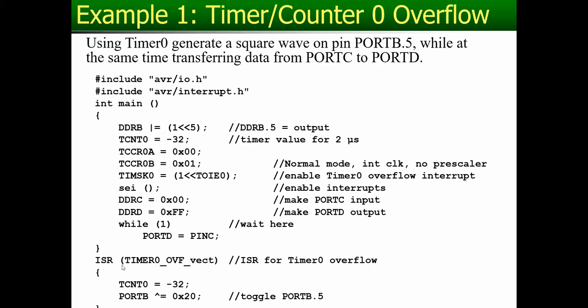Okay, and then we have written the ISR, and when you include this interrupt.h header file, the interrupt vectors are named uniquely. What this header file helps you with is, instead of remembering the memory addresses of the interrupt vectors, it gives you a keyword which is set to that address.